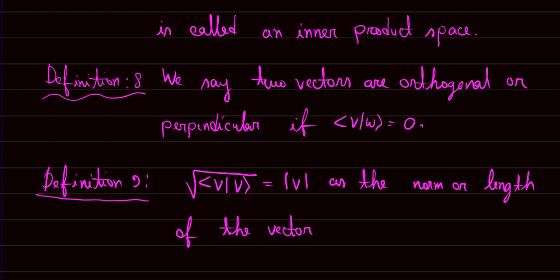Again, we are actually extending the idea of our three-dimensional vector. We know that the length of our vector is found by the root over the dot product of the vector by itself. So we are calling this the norm or length of the vector. And a normalized vector, that means if we divide the vector by its length, the normalized vector has unit norm.